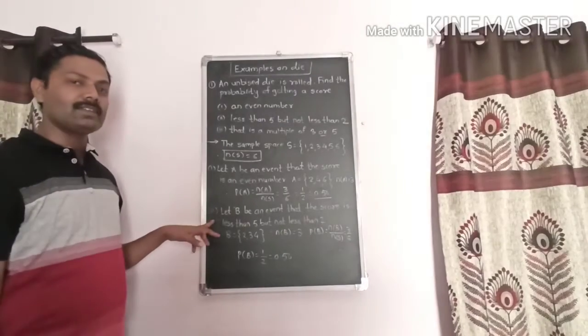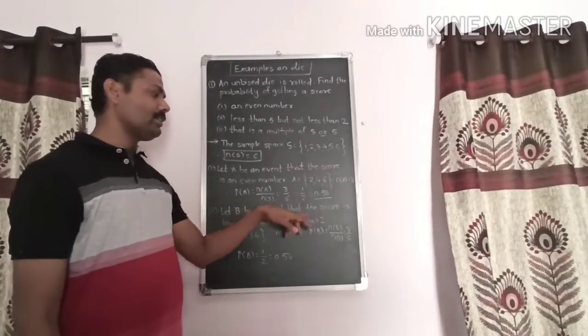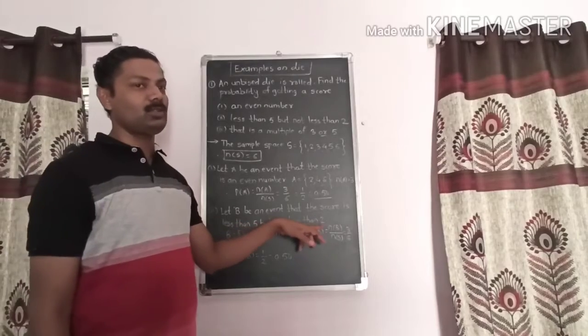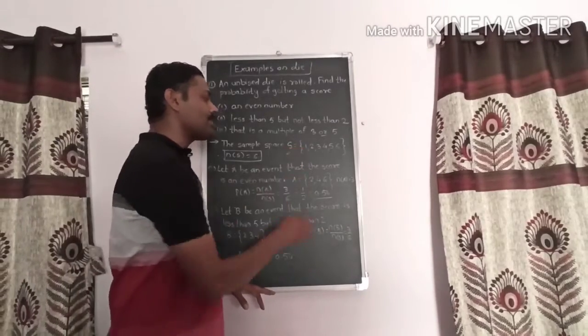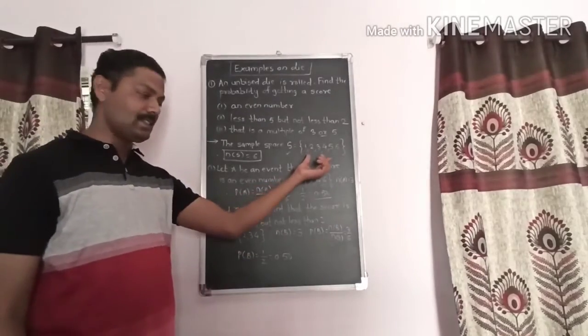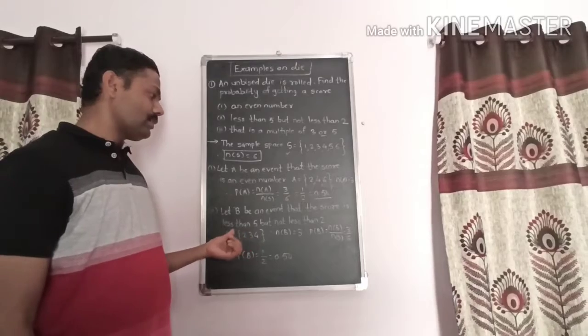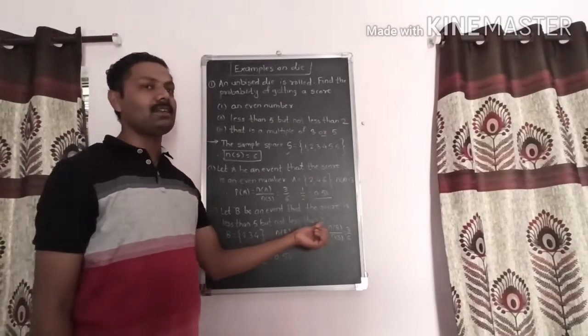Now second event, it is B. Let B be an event that the score is less than 5 but not less than 2. So we have to consider the elements from sample space S with the condition that the score is less than 5 but not less than 2.